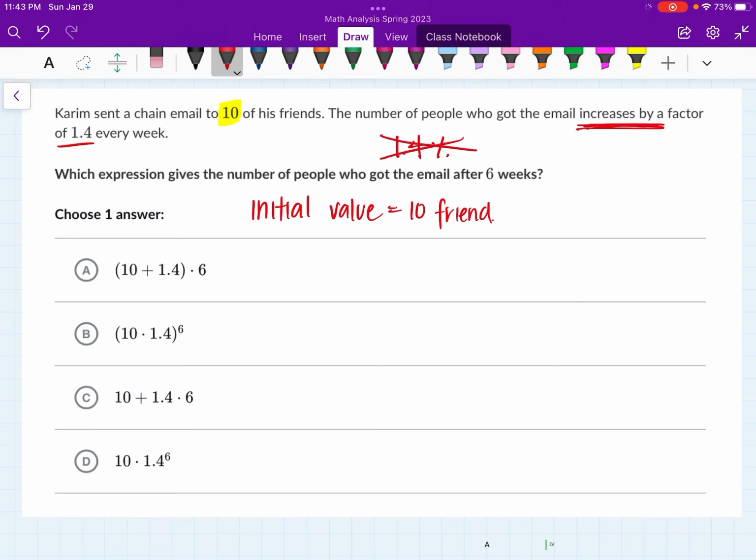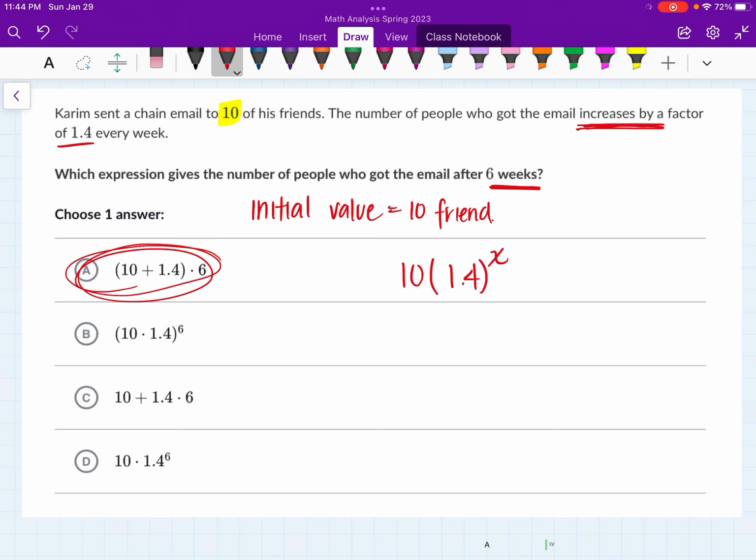They're not telling us it's a percent. So we have to take our initial value, which is 10, and then multiply that by our rate, which is 1.4, and raise it to, we'll say x, which is represented by the weeks.